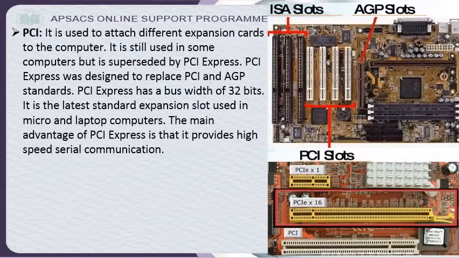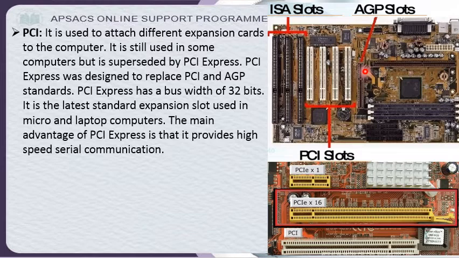The next one is the PCI card. PCI stands for Peripheral Component Interconnect. We are using the word peripheral, which means these white color slots are utilized for different devices.